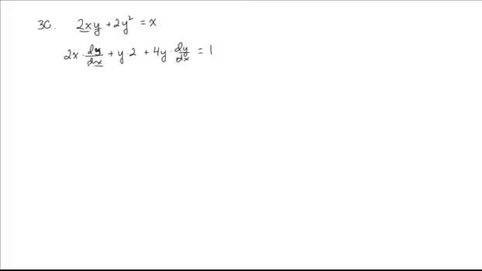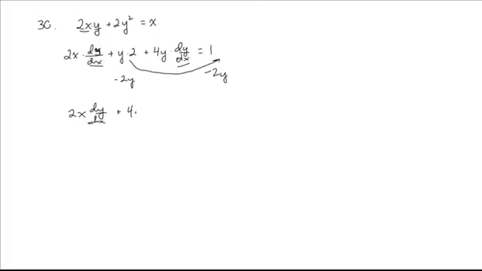Now, our goal is to solve for dy dx. We have 2 of them, so we need to leave these 2 terms on the left-hand side. We'll move this y times 2, or this 2y, over to that side by subtracting 2y from both sides. So what that does for us, we'll have 2x dy dx.